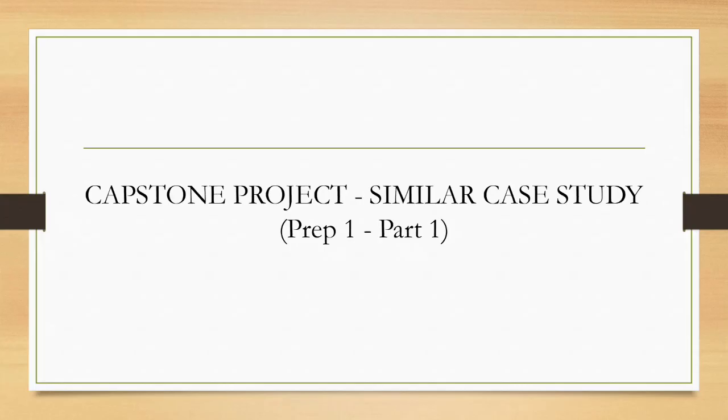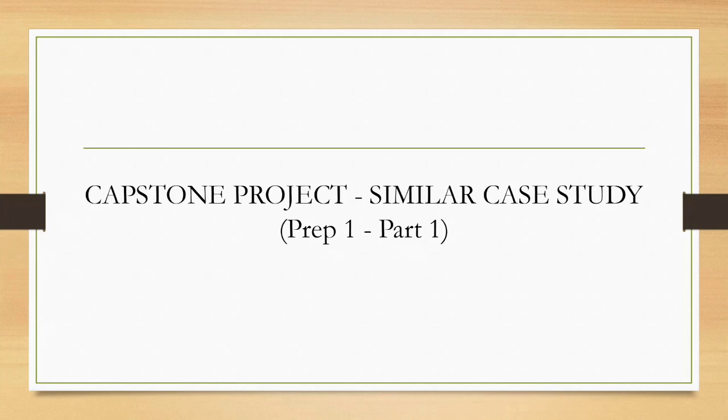In this Capstone project you will be working on three parts: prep 1, prep 2, and prep 3. In prep 1 you will be working on the waterfall case study, the waterfall concepts. In these waterfall concepts you will have around 41 or 42 questions.